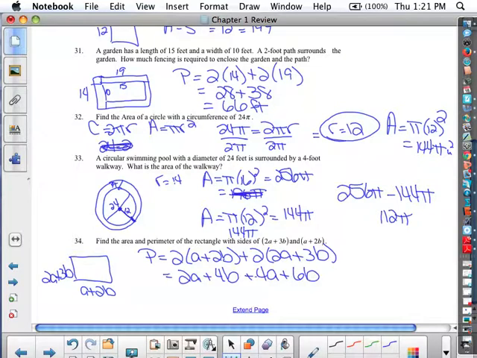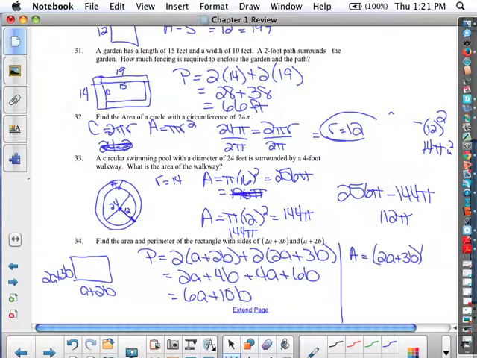And then you can combine like terms, and you should get that that is 6a plus 10b for the perimeter.